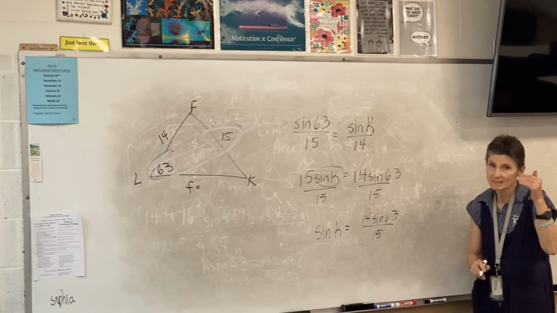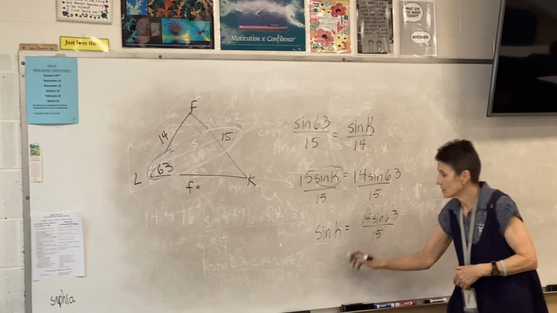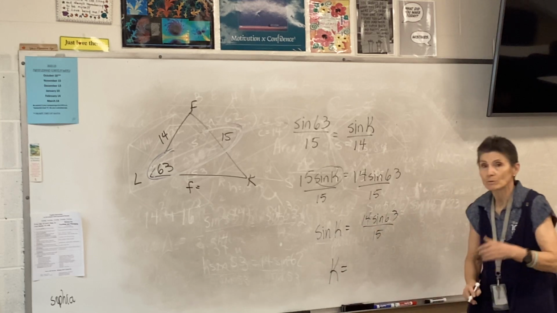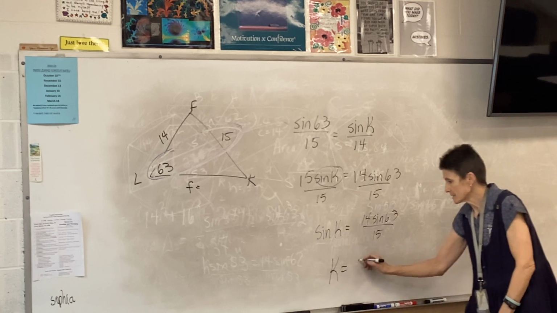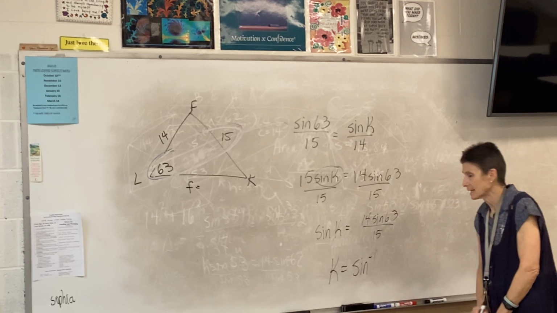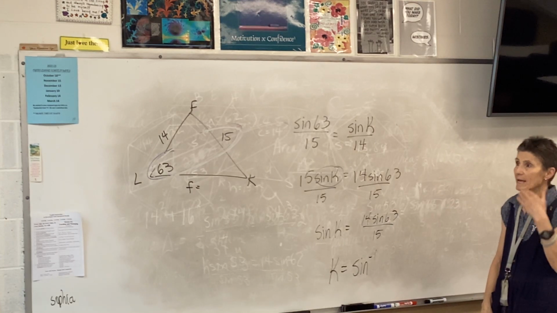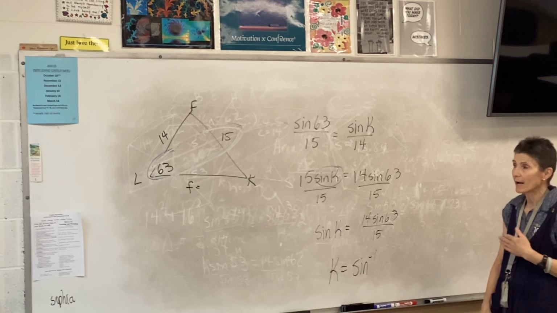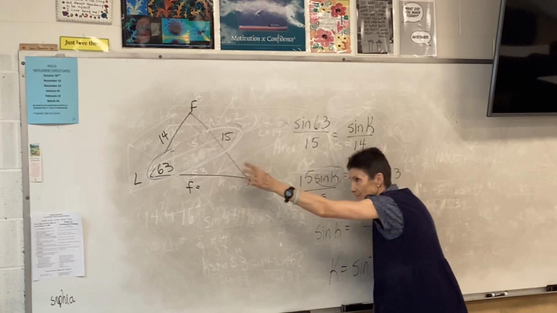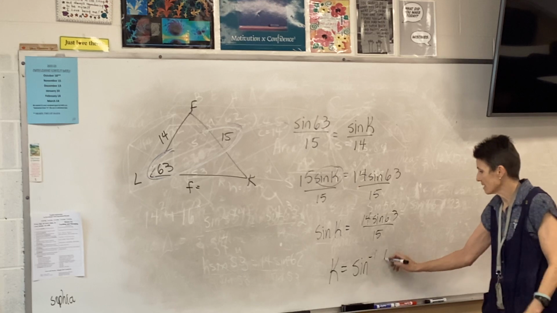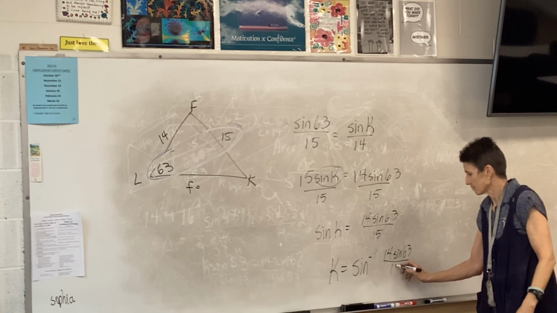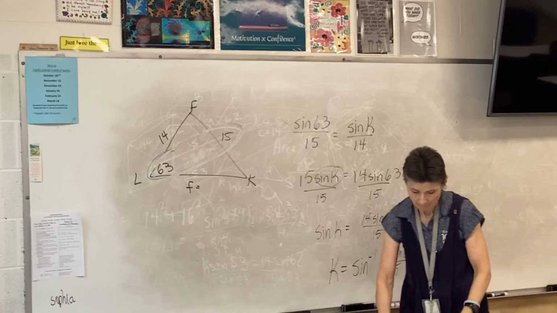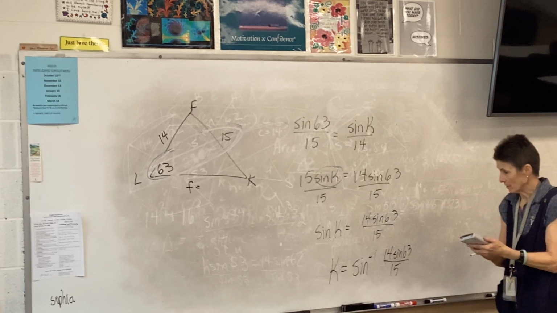And then because you're trying to figure out angle k, this is the time that you have to use second sine. Whenever you are trying to figure out an angle, you have to use second sine. All right? So here we go.